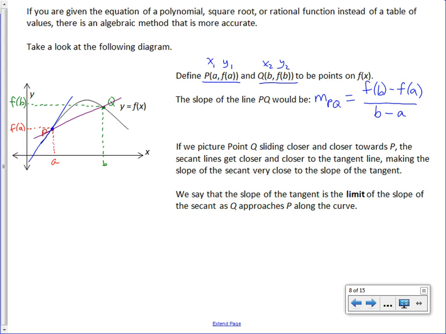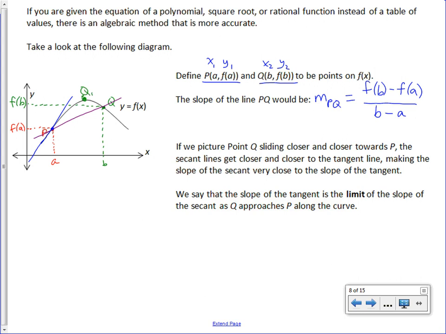Now, if we picture point Q sliding closer and closer towards P, the secant lines get closer and closer to the tangent line. I'm going to animate something in a second, but think of this point Q. If I slid point Q, so now point Q is here, I'll call it Q sub 1. I've just moved Q, think of Q sliding along the function.